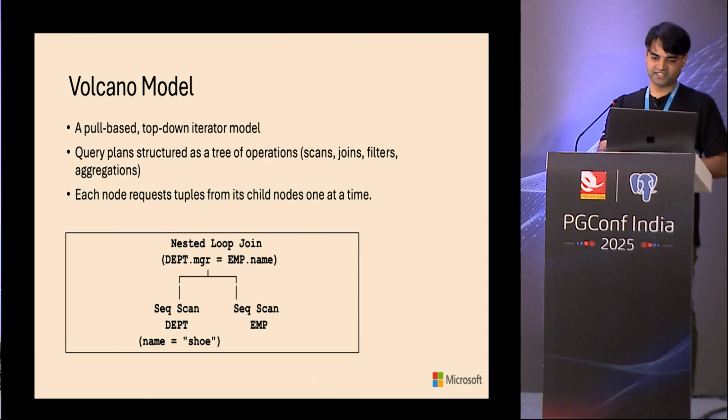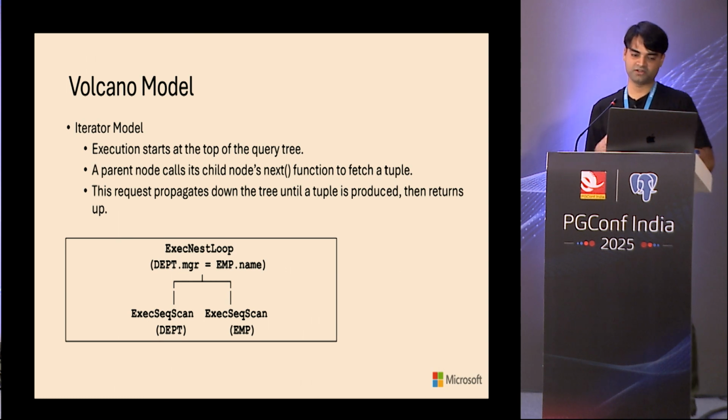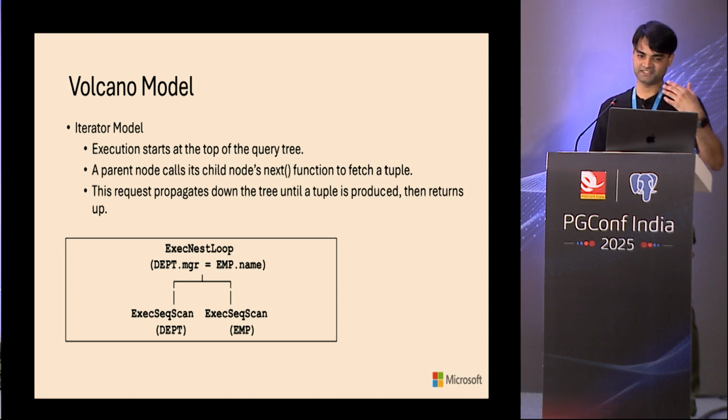In this case, there's a nested loop join. It has two children, two sequential scans, and a sequential scan calls storage to read data. The volcano model uses an iterator model. In the iterator model, you start at the top. The executor will call the top node's iterator, and then it will call its children.